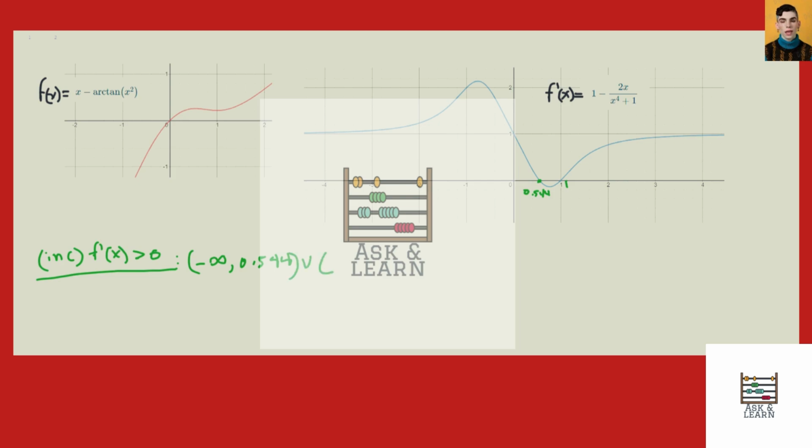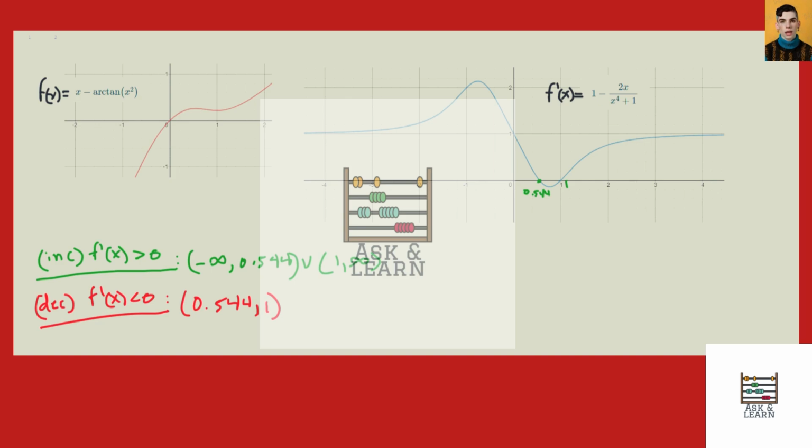And then from 1 to infinity, it'll also be positive. And then our function is decreasing where f prime of x is strictly less than 0. And this only occurs between 0.544 and 1.